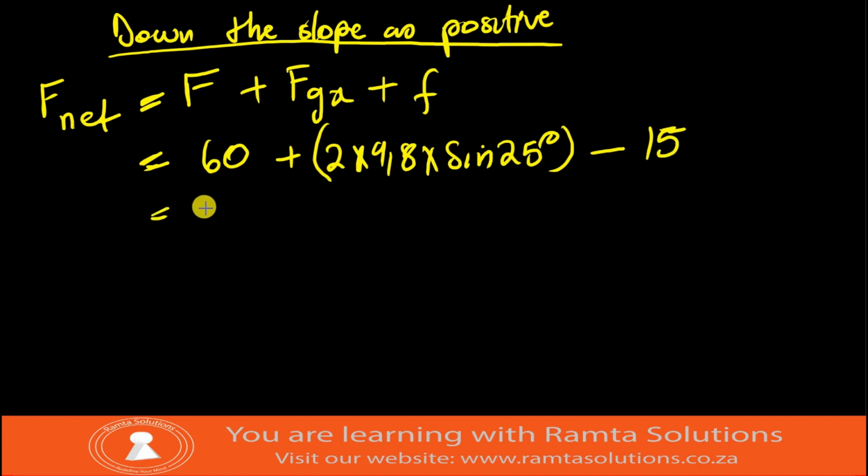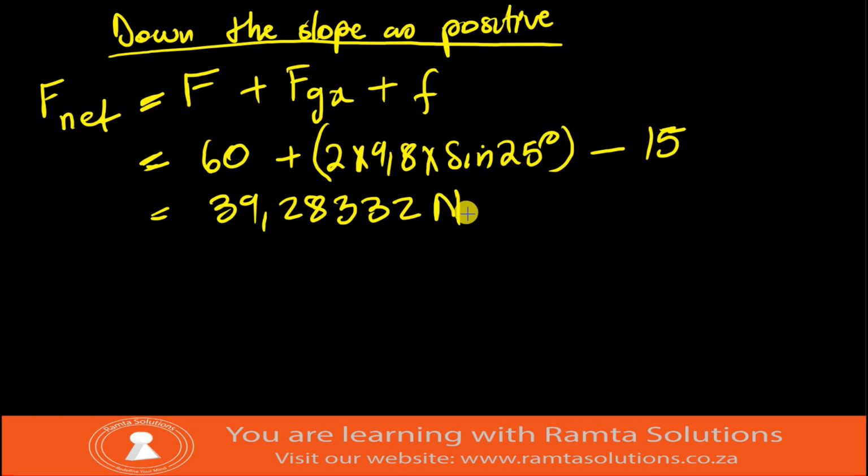What is our answer? Quickly. Okay, let me see. 60 plus open bracket 19.6 times sine 25 close minus 15. So our answer is 39.28332 newtons.